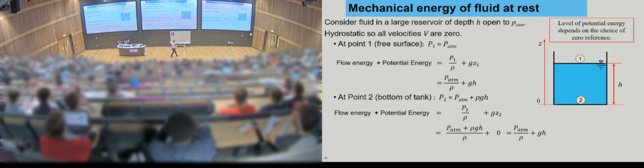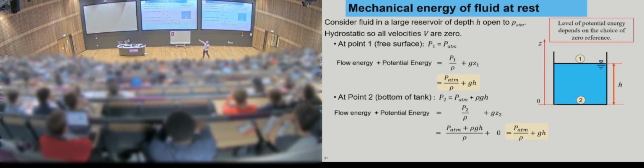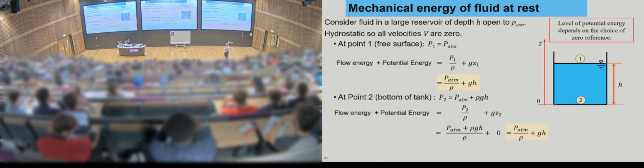I substitute in my values, and I end up with P atmosphere over rho plus GH. So these two are the same. So the mechanical energy of the fluid at rest at all points is the same, which is a very useful thing to be able to use sometimes in your analysis.